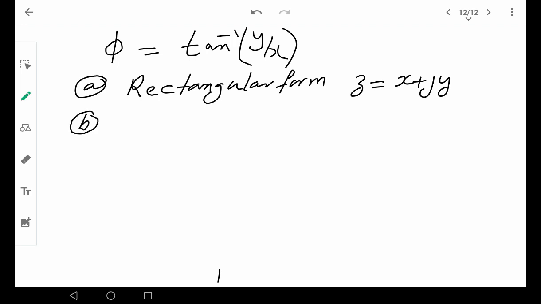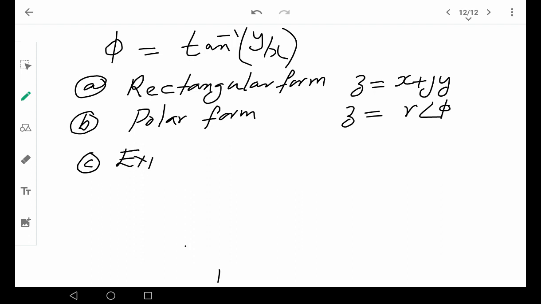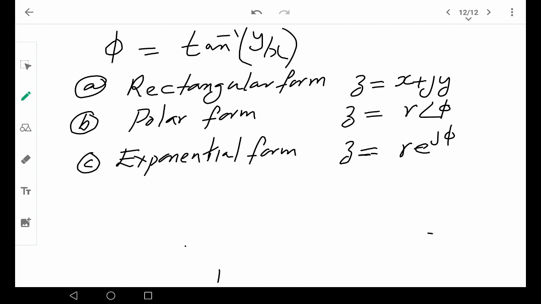The second one, B, is the polar form, which is given as z equal to r angle phi. And the third is called the exponential form, in which you have z equal to r e raised to j phi.